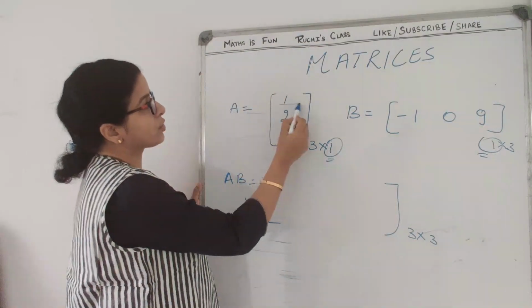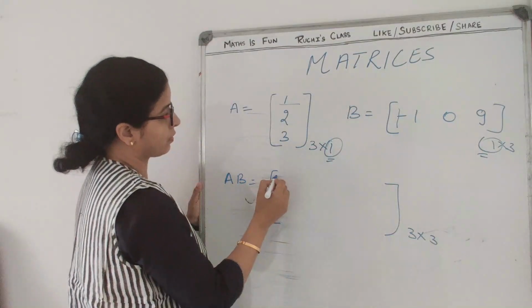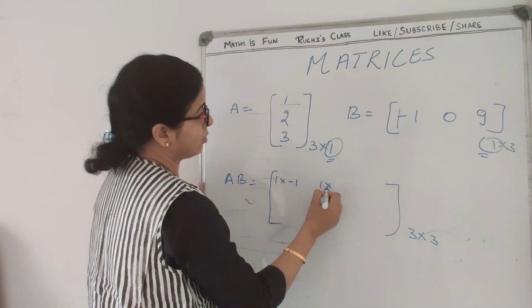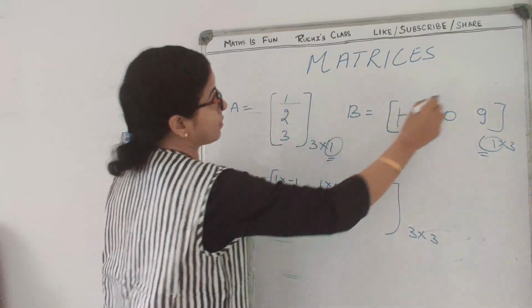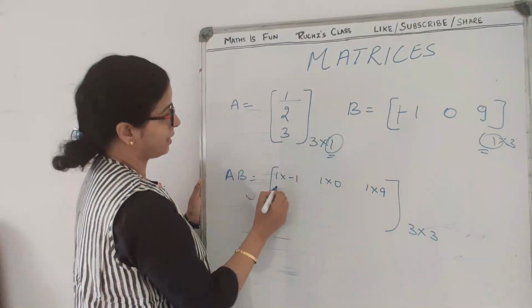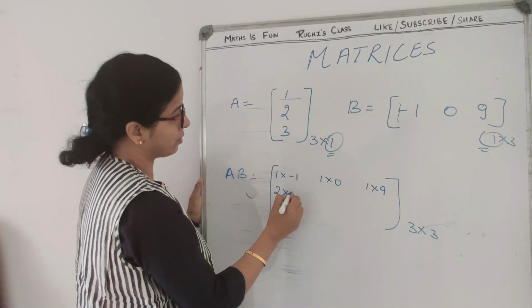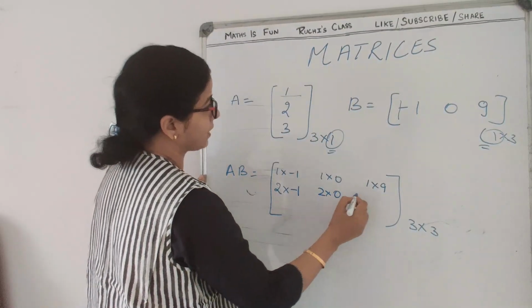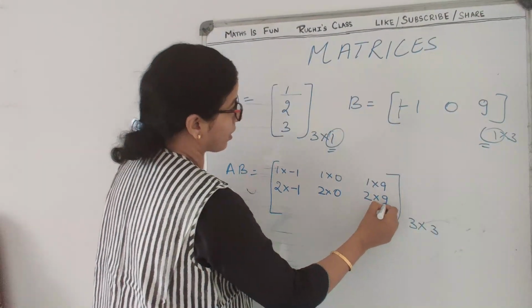So this is my first row multiplied by first column. So what will you get? 1 into minus 1, right? Second, 1 into 0. Again, first row with the third column, 1 into 9. Similarly, second row into first column, second row into second column, second row into third column.